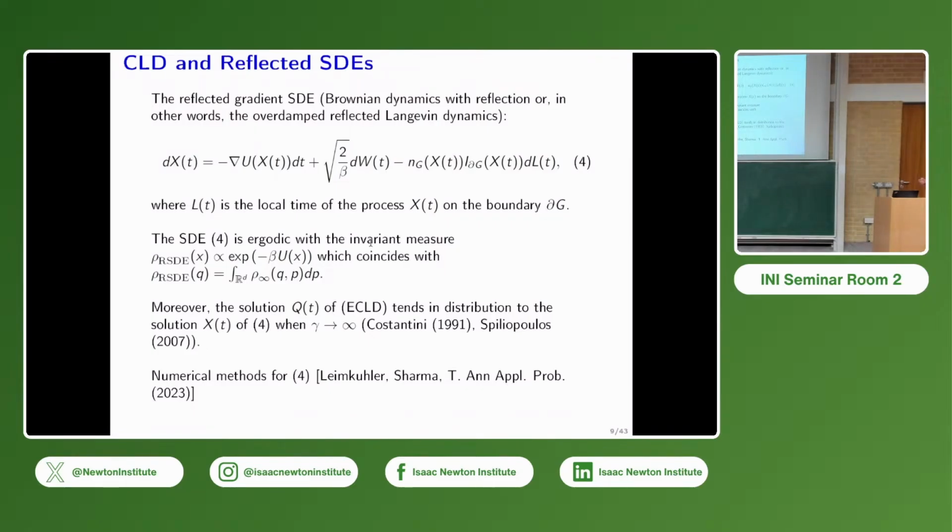What I can say more here, using the cited papers, is that the same result which is true for Langevin equations in the whole space, which I think was proved first by Nelson back in the 1970s, that the position part of the Langevin dynamics converges to the solution of the overdamped Langevin dynamics when friction goes to infinity, is also true for this reflected object, so this connection holds in terms of distribution.